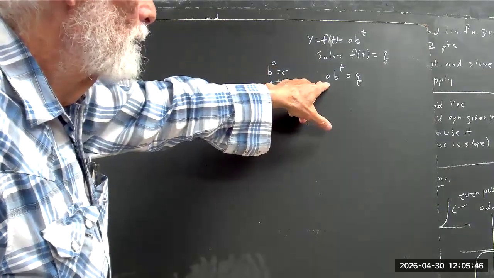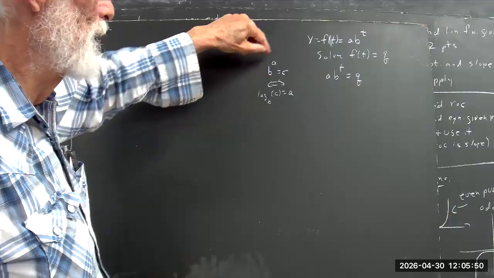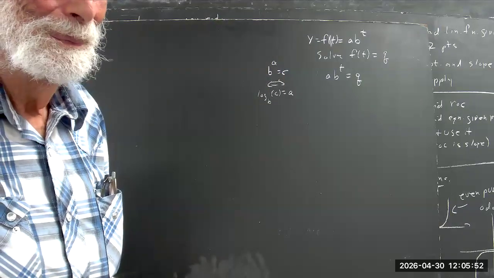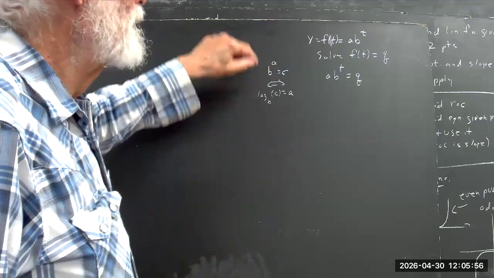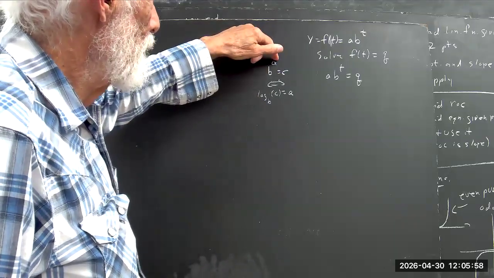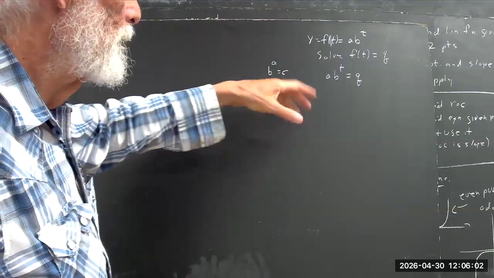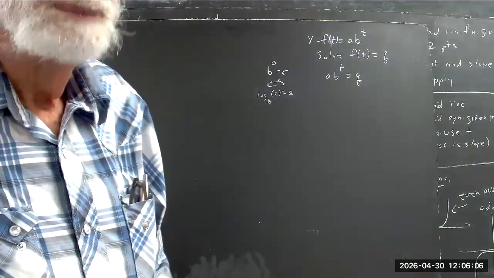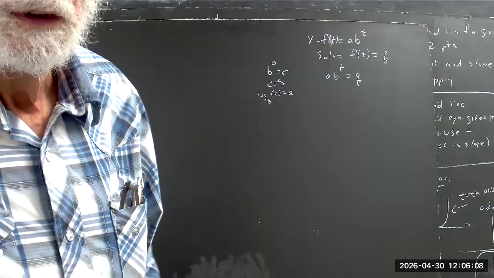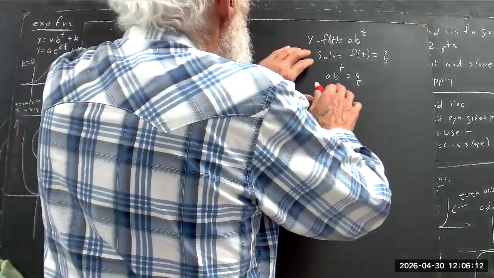I've used a for the coefficient of b to the t, but I've also used a as an exponent here. Okay? So this is the rule. And sometimes, as a coincidence, a or b, or c, could be part of your equation where it doesn't really mean a, b, or c. Now that can be a little confusing.